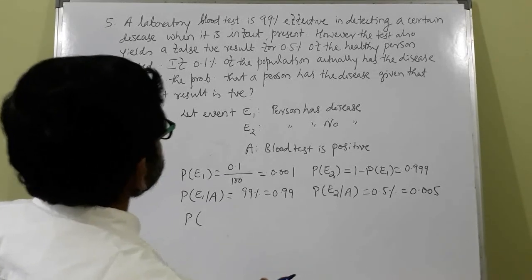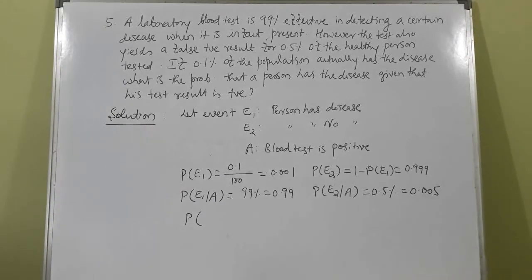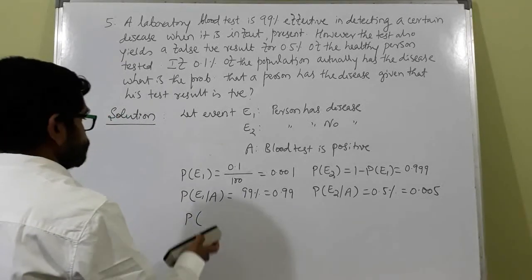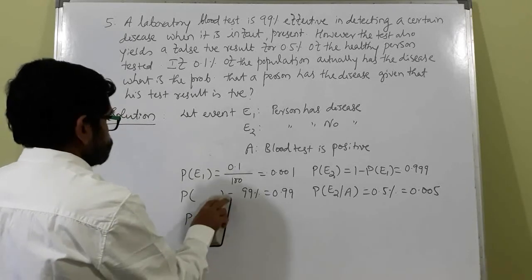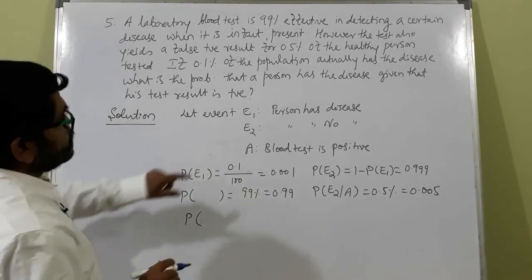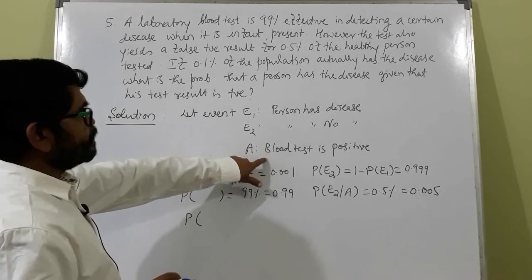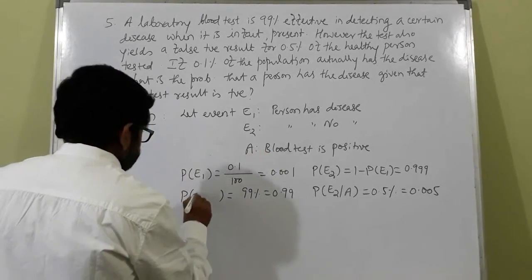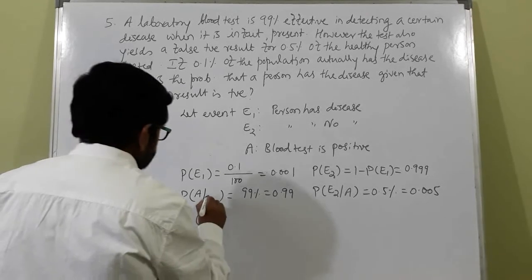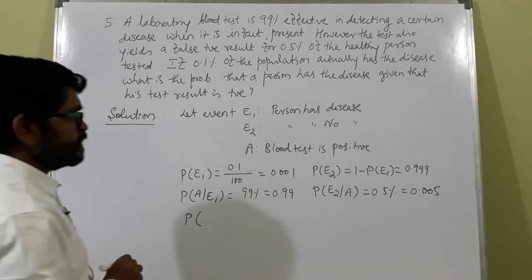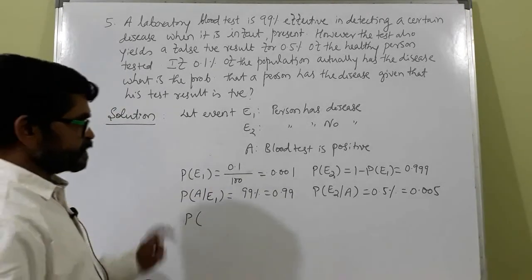Okay, now what is to be found is... wait 1 minute. Is it correct? Sorry, I wrote it the wrong way. So actually this is: the test report is positive when actually he has the disease. A given E1, it should be. This is correct.